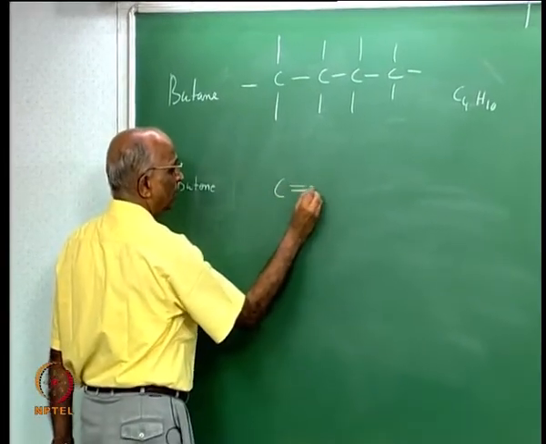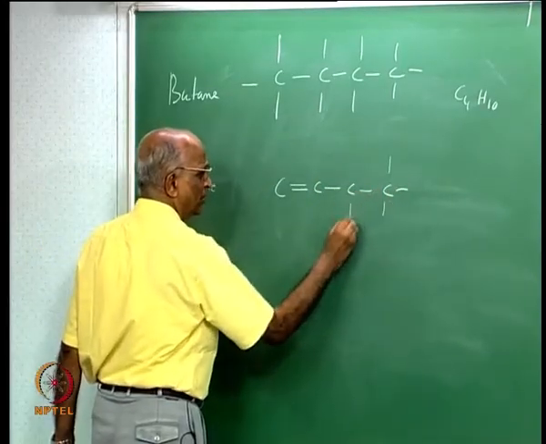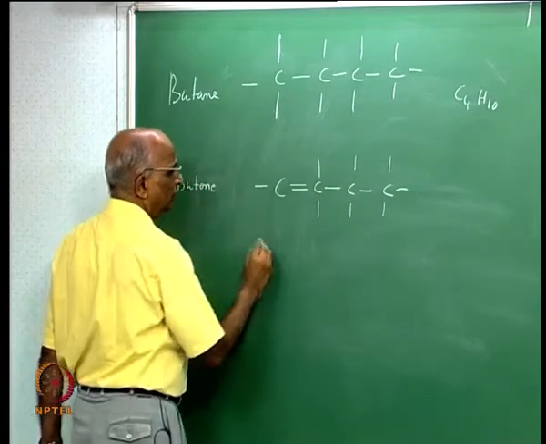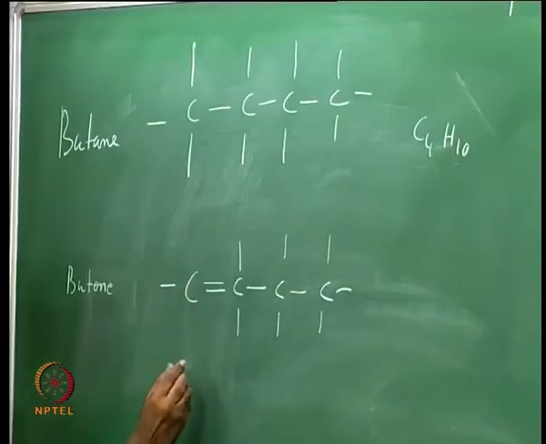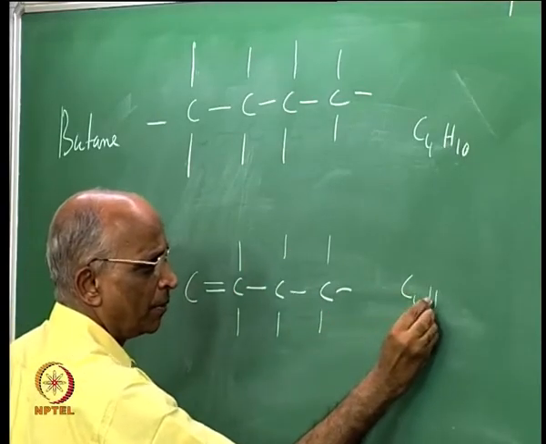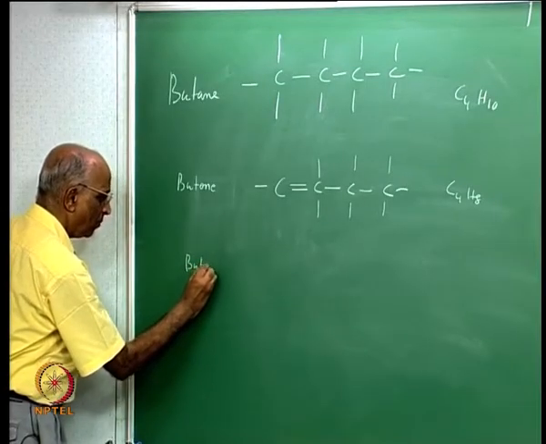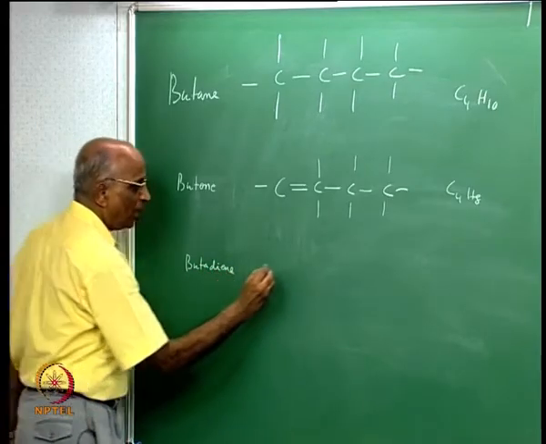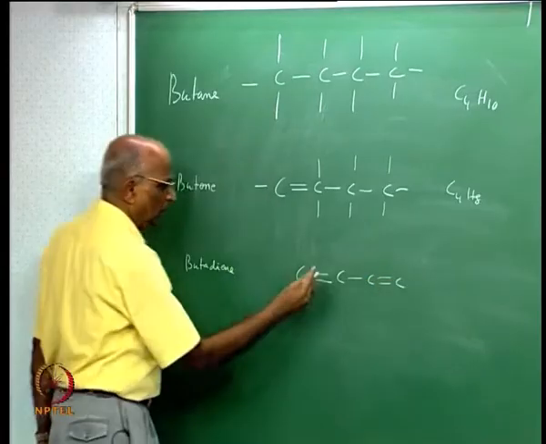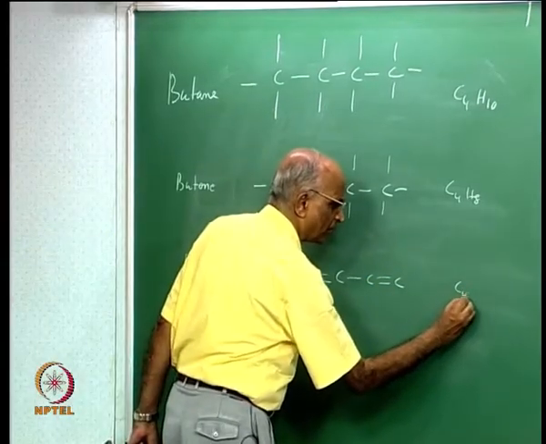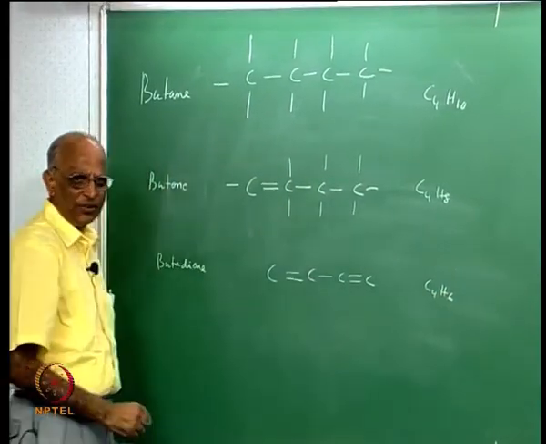I have a double bond, butene, and of course I will have all the chains as it is, C4H8. And if I now have butadiene with 2 double bonds, the formula will be C4H6, because proportionally I have to decrease 2 of the hydrogens.